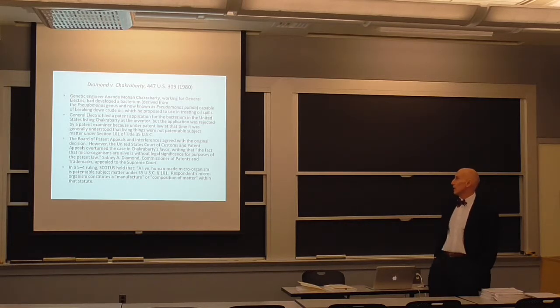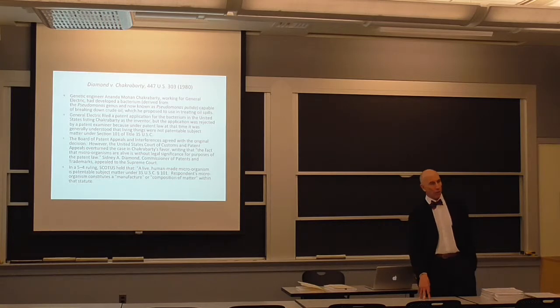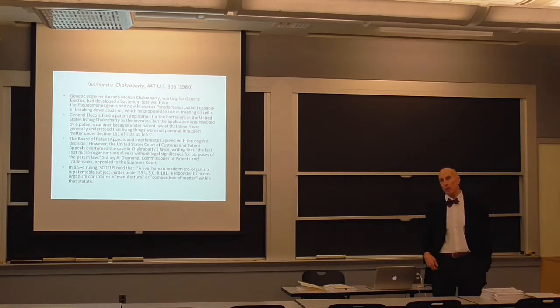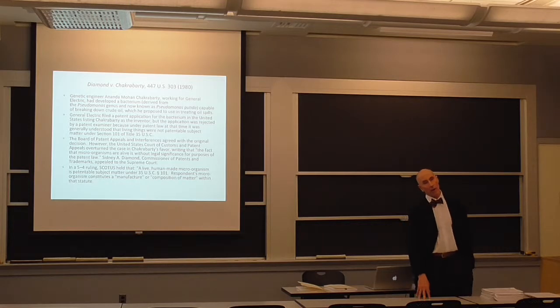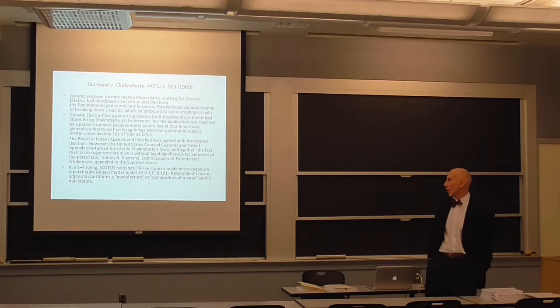The Board of Patent Appeals and Interferences agreed with the original decision, and the Board of Patent Appeals and Interferences is where you go when your application for a patent is rejected. It's the first step. However, the United States Court of Customs and Patent Appeals overturned the case in favor of General Electric.